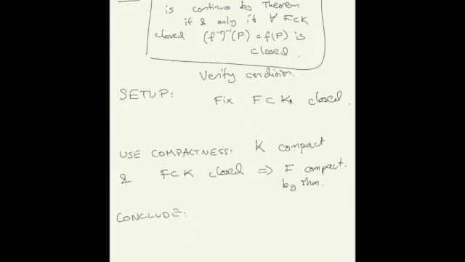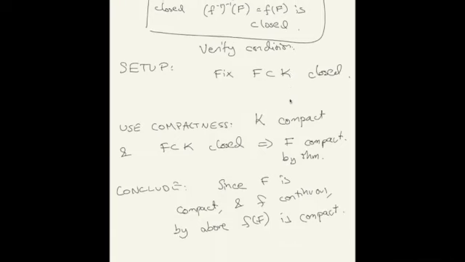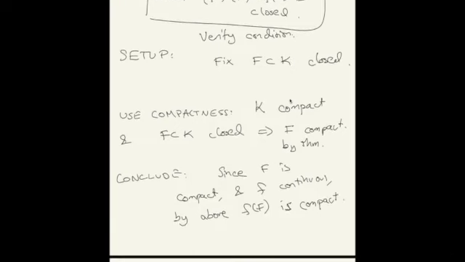Okay, so we are almost done now. Since F is compact and f is continuous, by above, f of F is compact. The image set is compact. But we want the image set to be closed, not just compact. Well, there's a theorem exactly saying that as well.